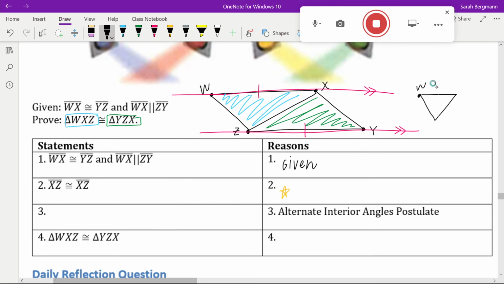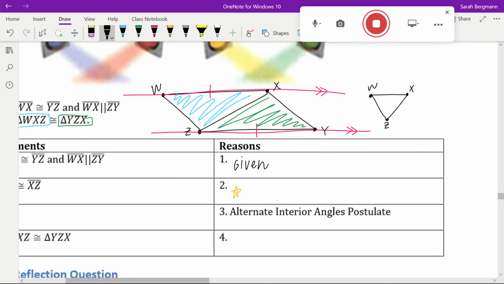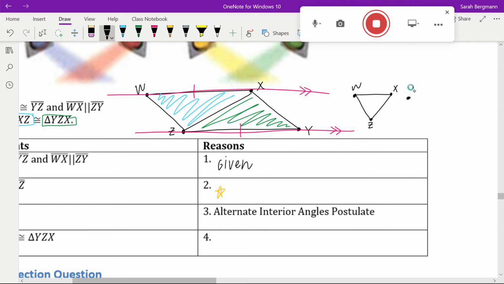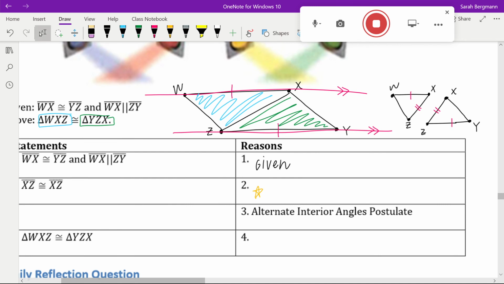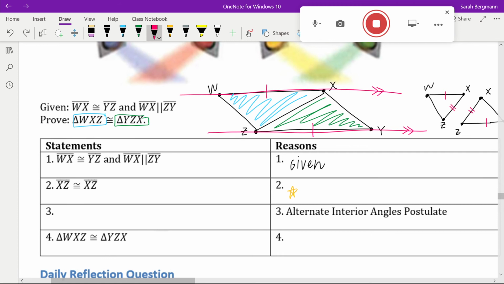So I have WXZ and XZY. So I just showed that XZ is congruent to XZ. It's always helpful when the two triangles are touching because you automatically have one pair of sides congruent, since a segment is always congruent to itself.